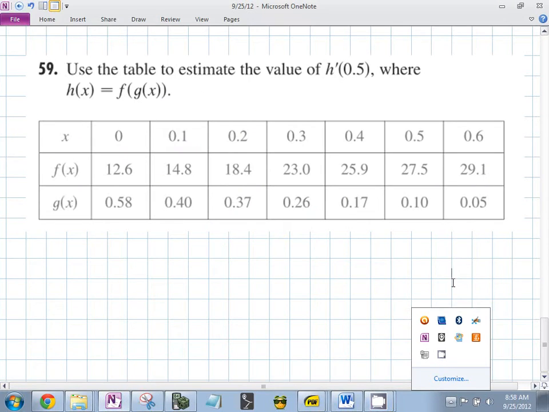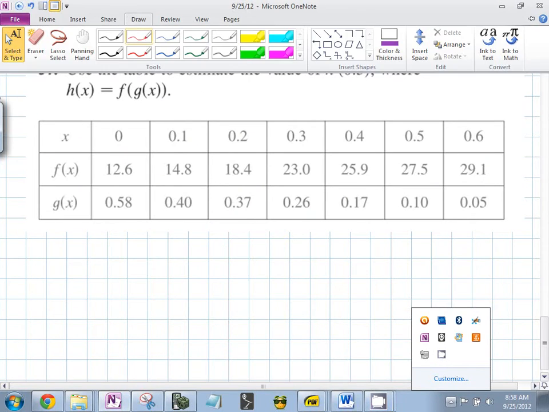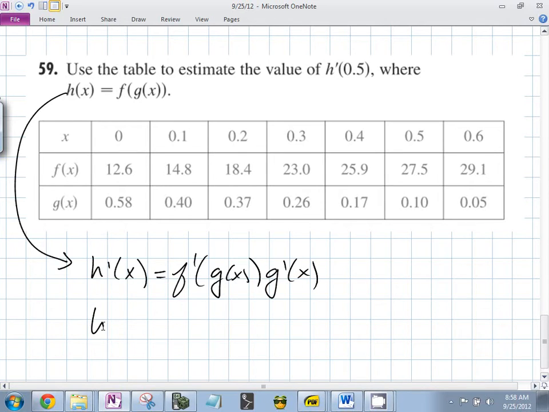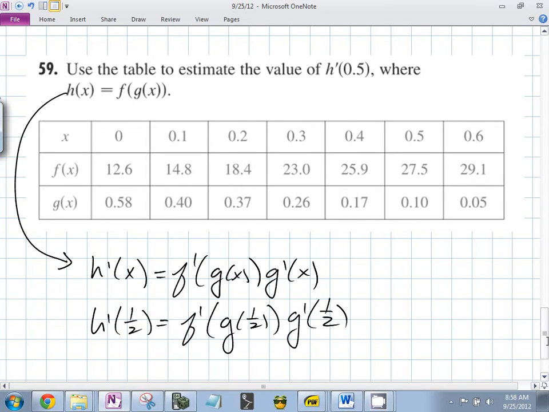What rule do you have to use to find h prime? The chain rule. What is h prime going to be equal to? Someone raise your hand and tell me what h prime is equal to. g of x times what? g prime. Correct. So what does h prime of a half equal? f prime of g of a half times g prime of a half.